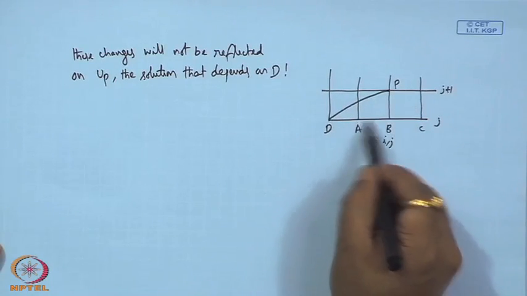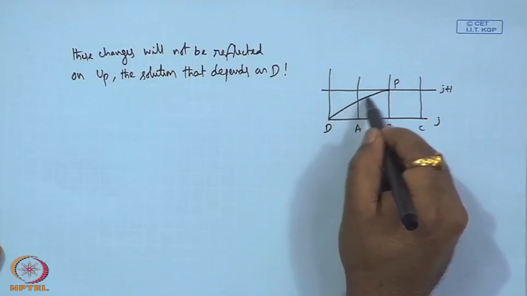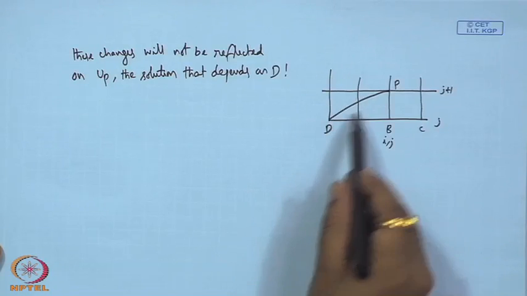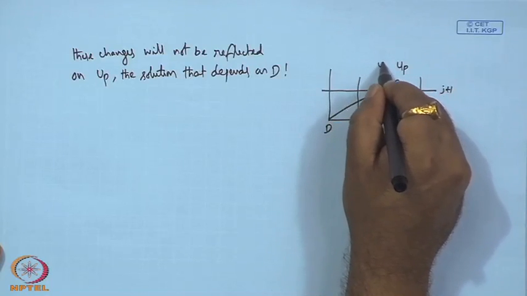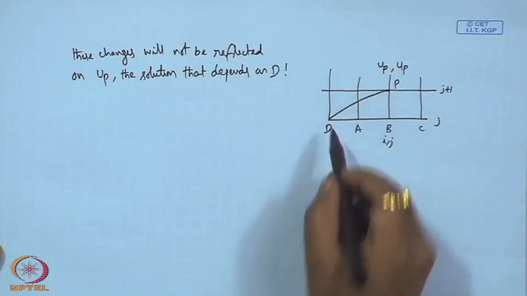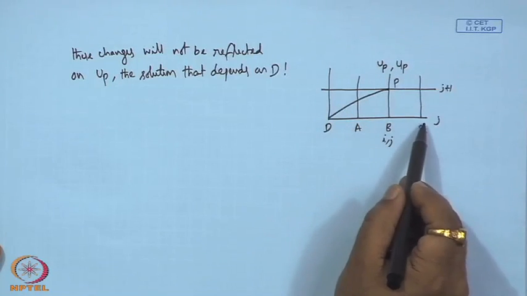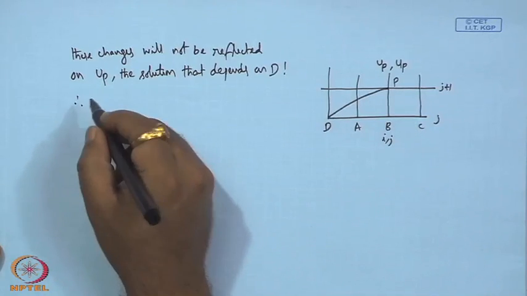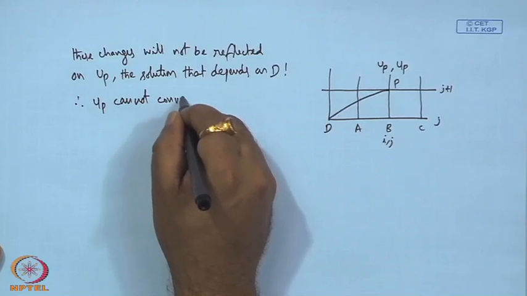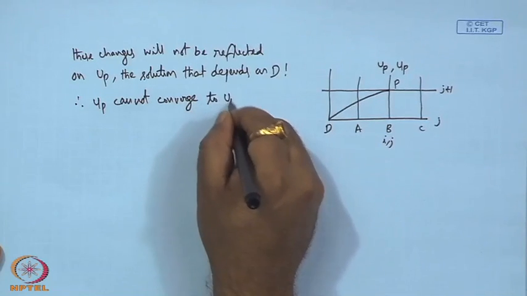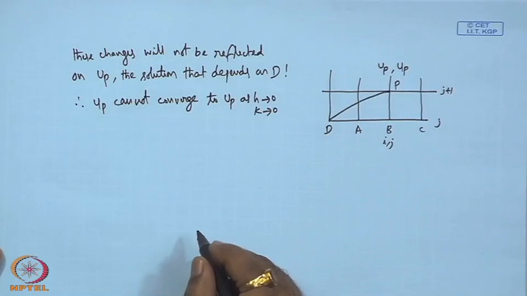You see, when we change the initial data, P is getting affected, but if you compute along the characteristic, the solution u_P is computed along the characteristic and does not know what is happening at A, B, C. Therefore, the numerical solution U_P cannot converge to u_P as h goes to 0, k goes to 0.